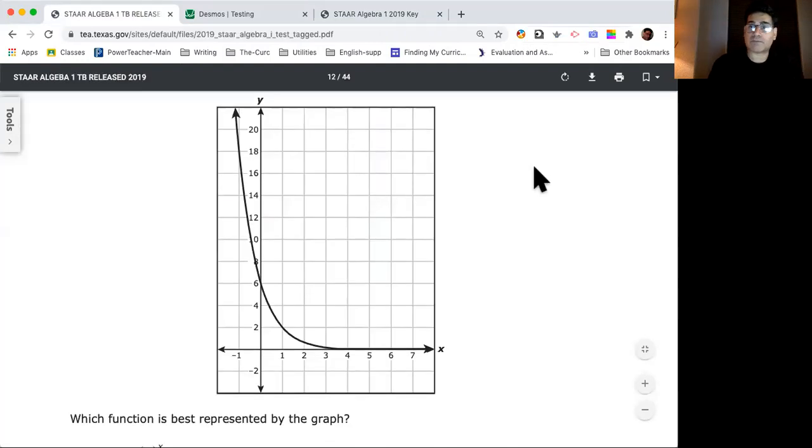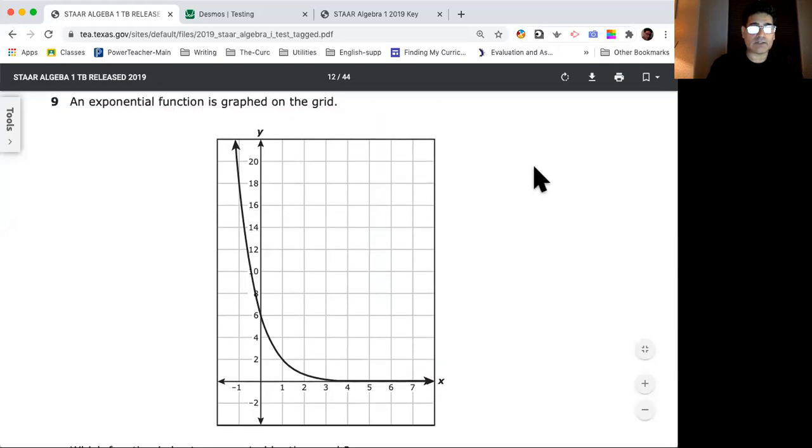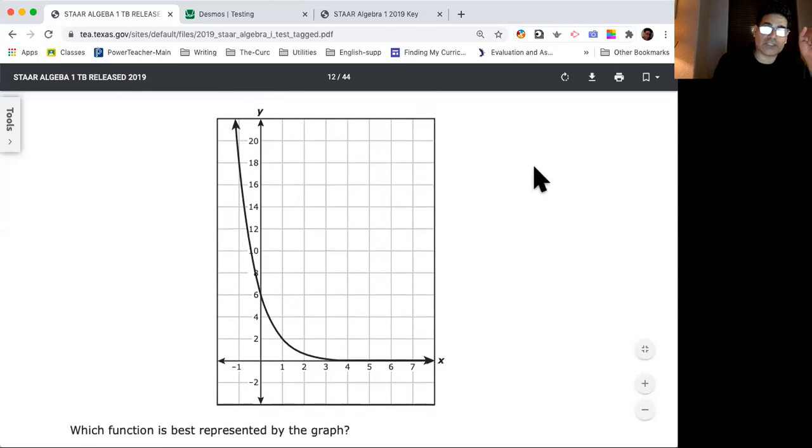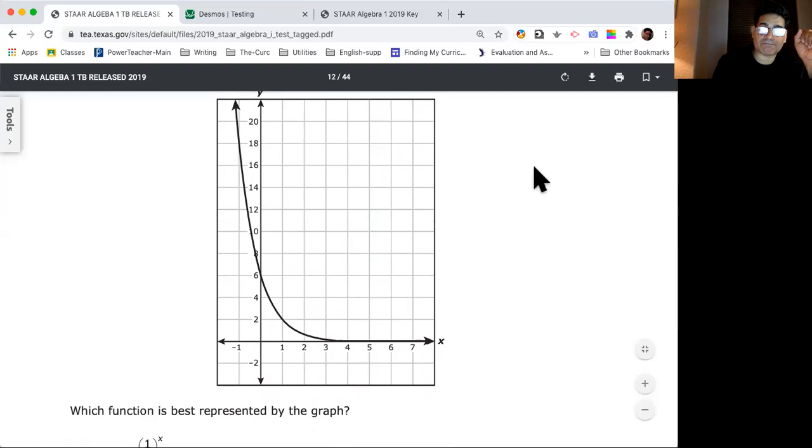In this problem, the graph is created, it's presented. Look at the graph, and you're told an exponential function is graphed on the grid. So what do you do with this? Well, the question asks which function is best represented by the graph.